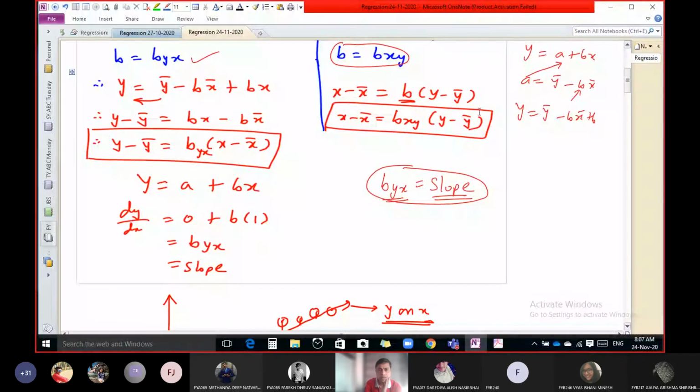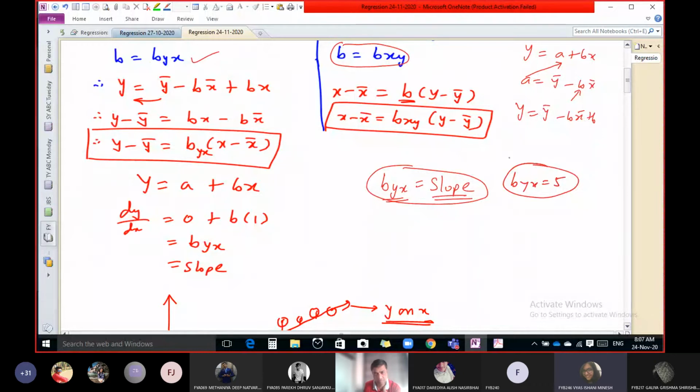Now, what is the interpretation of byx? Let us say byx is 5. What is the meaning of this? Sir, if the value of x changes by a unit, then the value of y changes by 5 units.